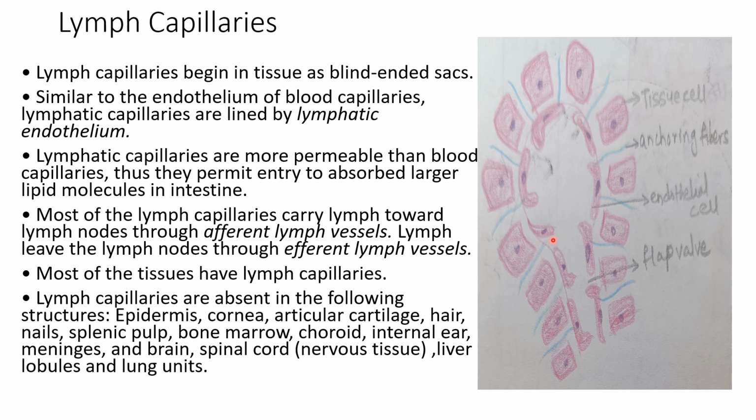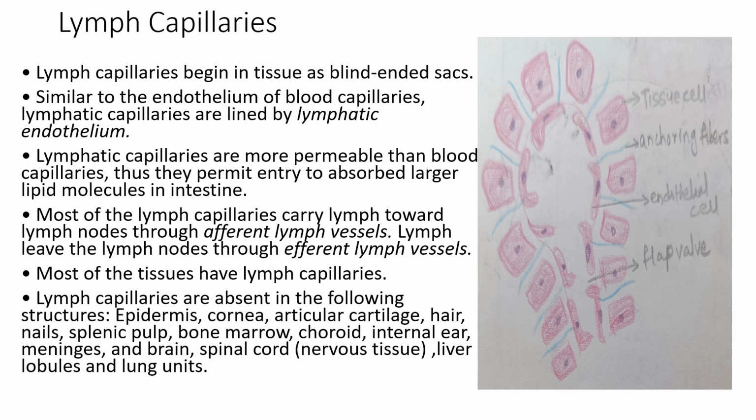Most of the lymph capillaries carry lymph towards the lymph node, and the lymph node receives this lymph through afferent lymph vessels, and through the hilum of the lymph node there emerges an efferent lymph vessel which will carry the lymph away from the lymph node.